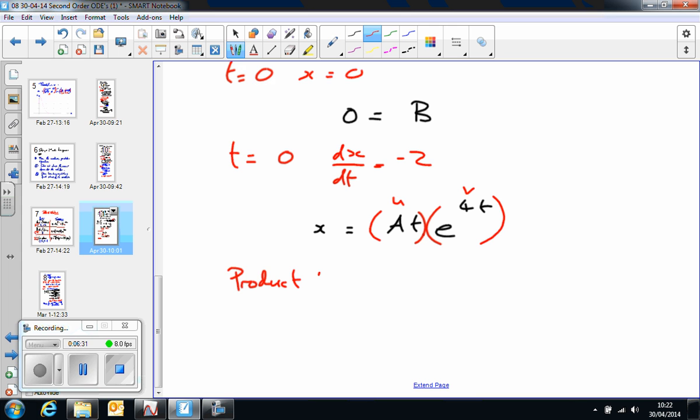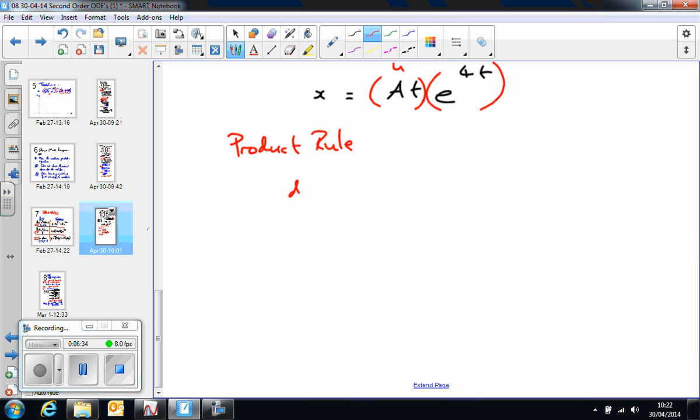And again, you'll be given this in the exam, but if you remember, the product rule tells us that the differential is the first bit times the differential of the second plus the second bit times the differential of the first. So all I've got to do is take each bit and differentiate it. So what's u? It's at. And what's v?